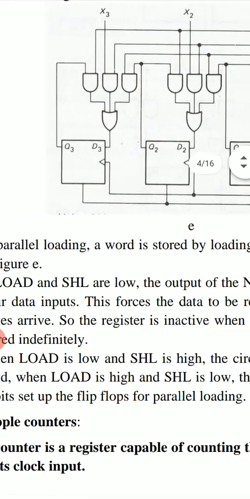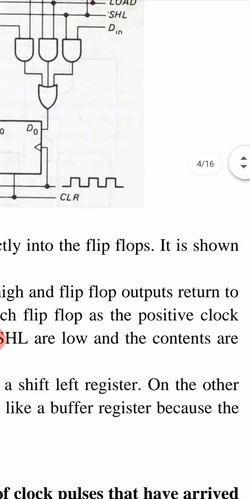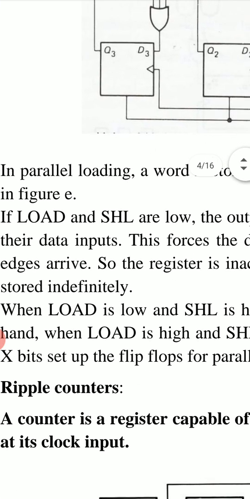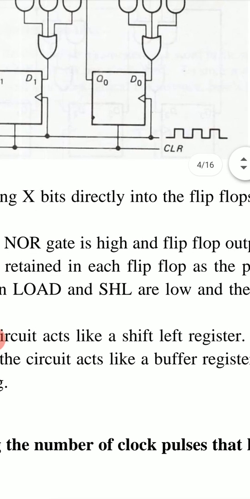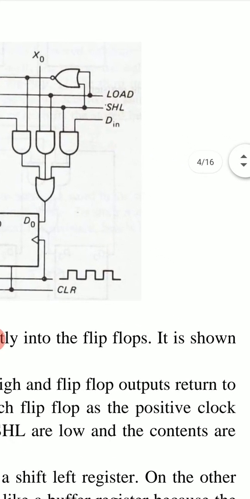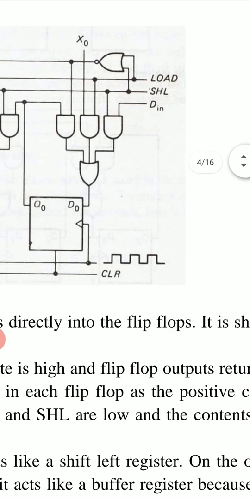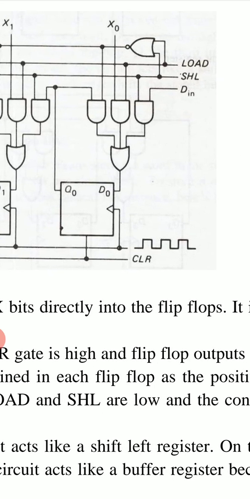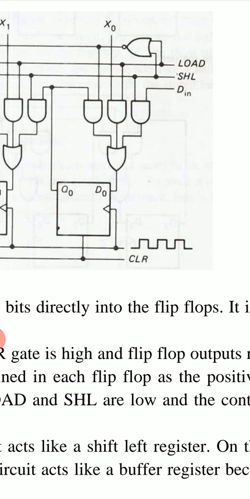In parallel loading, a word is stored by loading X bits directly into the flip-flops. It is shown in this figure. If load and SHL are low, the output of the NOR gate is high. Load is low, SHL is low, so the output of this NOR gate will be high, and the output of this NOR gate goes to the input of the left AND gate.